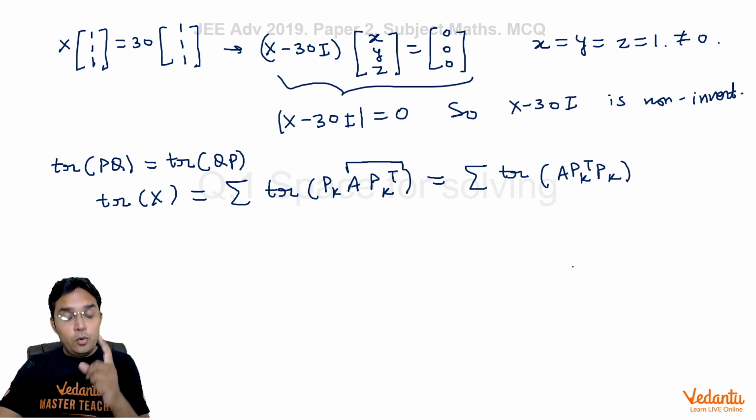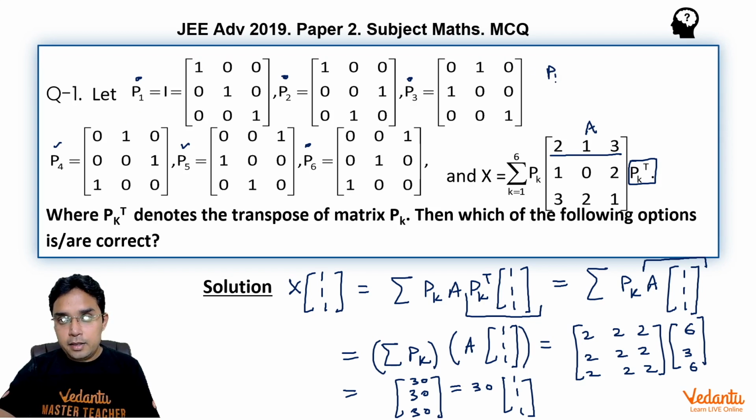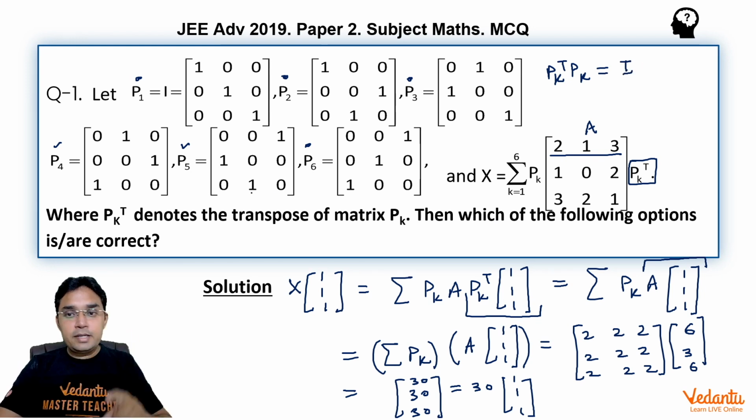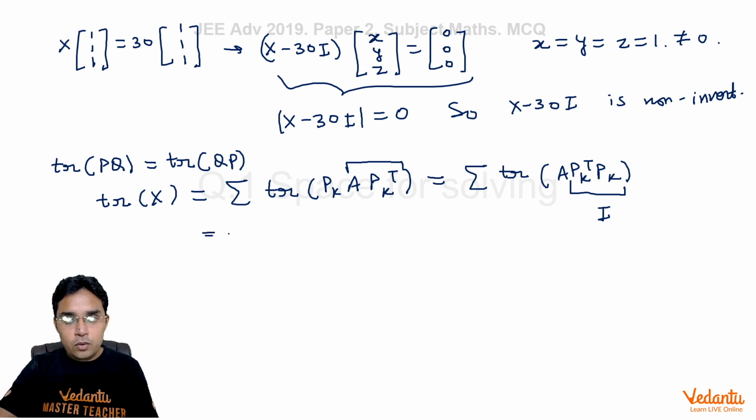Now there is one more important thing about this question. This pkt, if multiplied with pk, will always give us I only. All the matrices are such that if you multiply them with their transpose, you will get I. So this pkt pk will become I, and A into I will be equal to A. So this becomes trace of A, where k varies from 1 to 6.